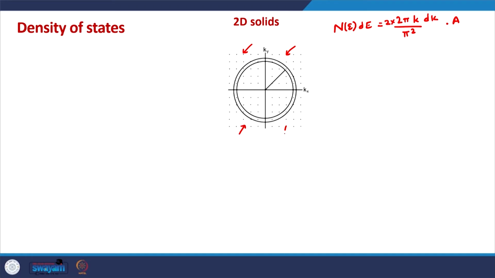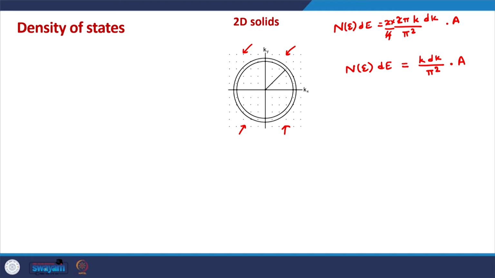So, we need to divide by 4, because these 4 sets of k points correspond to the same electron. So, this becomes the total number of electronic states in the range from E to E plus dE. This becomes k dk divided by pi square times area.